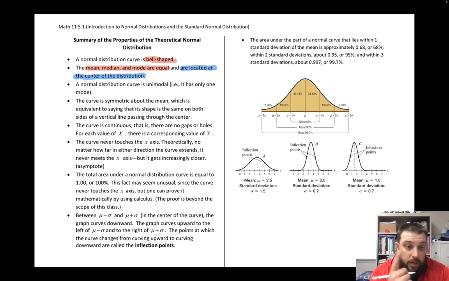It's unimodal, meaning one peak, and that's why only one mode there. The curve is symmetric about the mean, which is equivalent to saying the shape is the same on both sides. The curve is continuous. There are no gaps, so that's why histograms are used well with that. We fill all of those in.